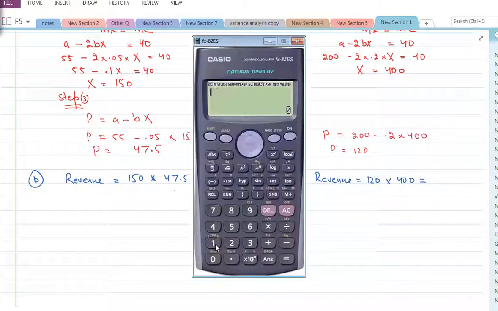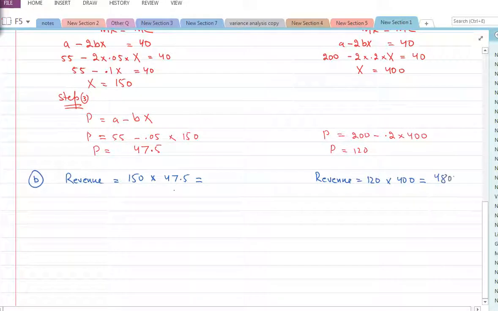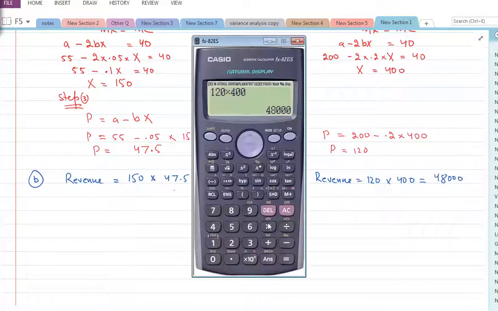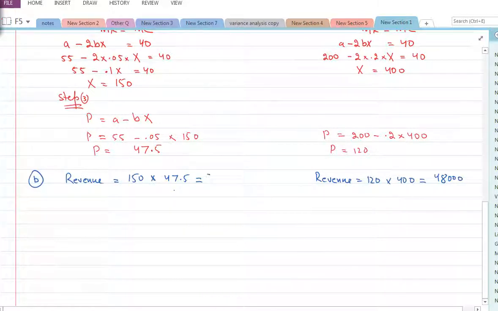So the revenue will be 120 multiplied by 400, which is 48,000. And over here, 150 multiplied by 47.5, which is 7125. Right? So we have the revenue from both the markets.